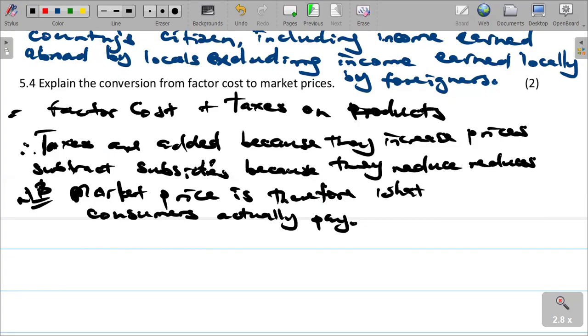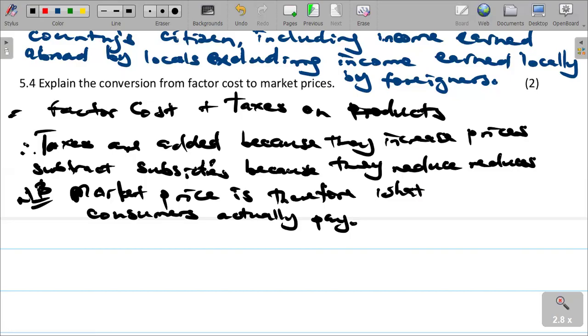I want you to note that when we talk about nominal, it is not adjusted for inflation. Real figures are adjusted for inflation. Gross domestic product is production inside the country. Gross national product is production by citizens. Factor cost is what producers receive, and market price is what consumers pay.